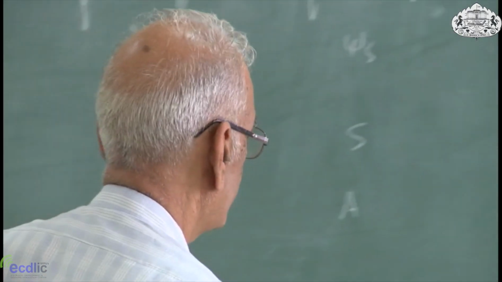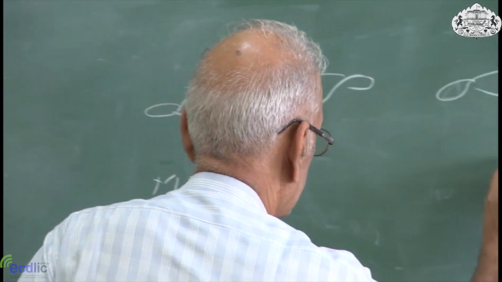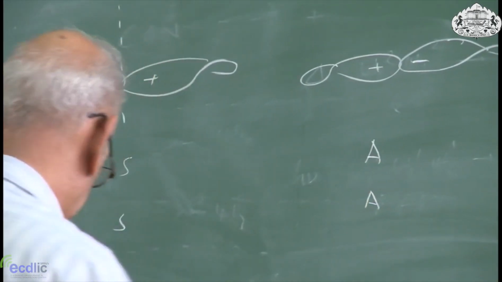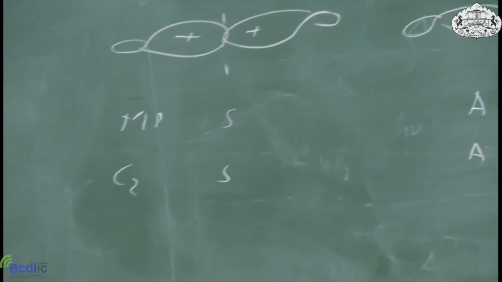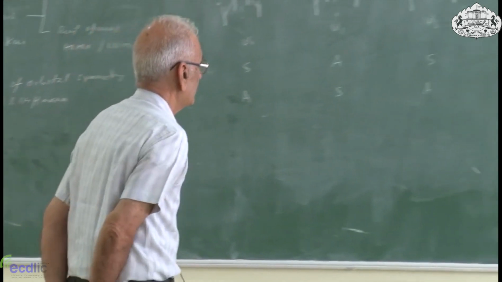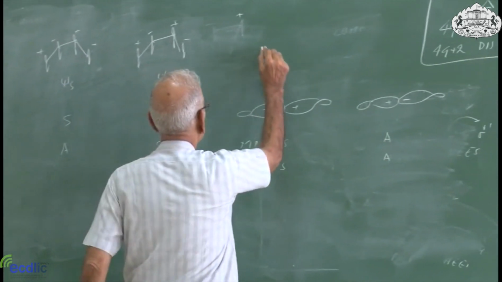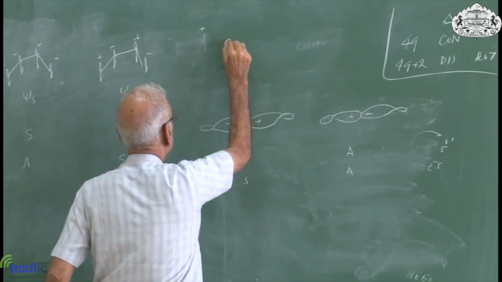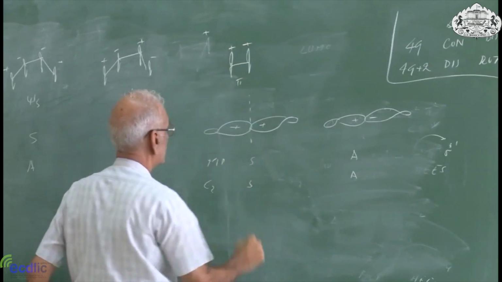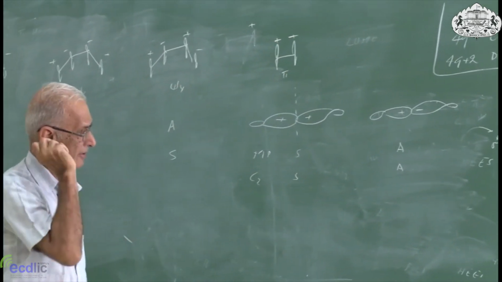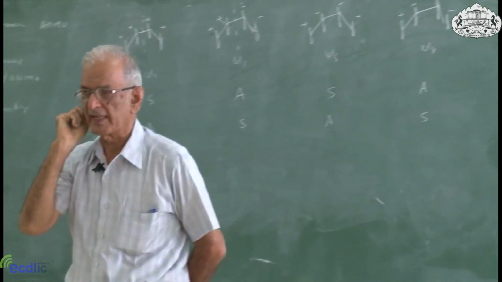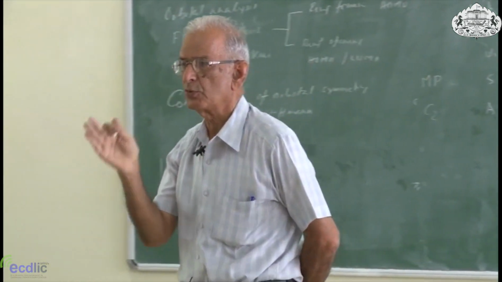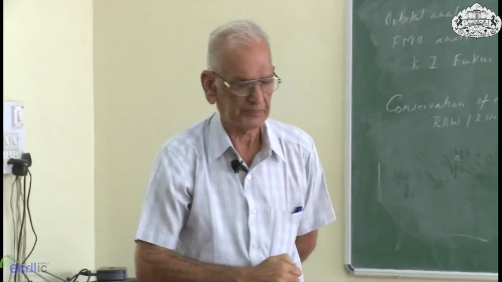So, anti-symmetric with regard to both. So, your 4 orbitals of butadiene are psi 1, psi 2, psi 3, psi 4.